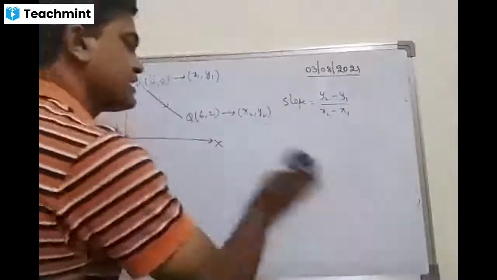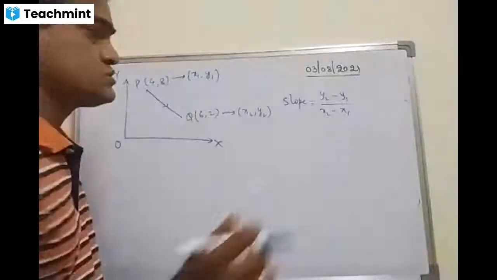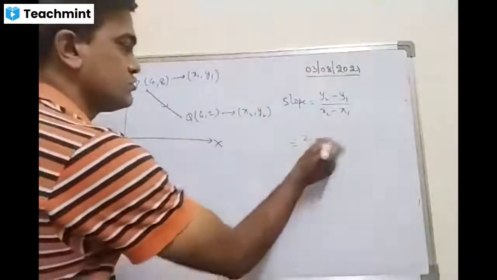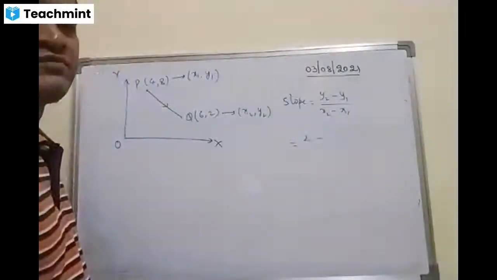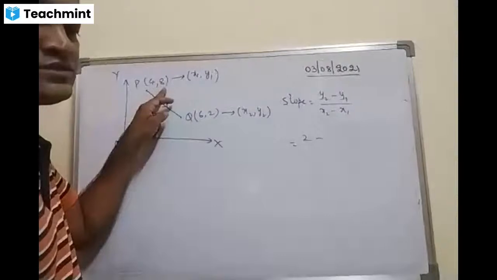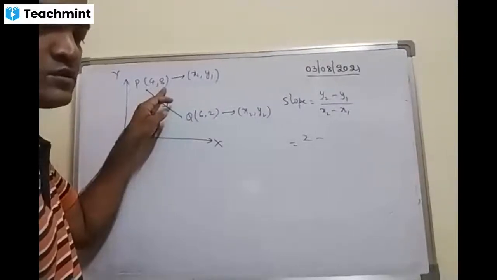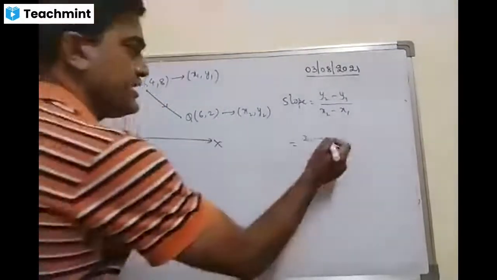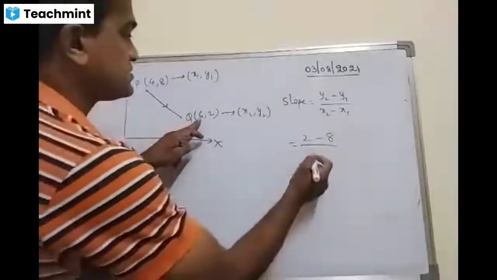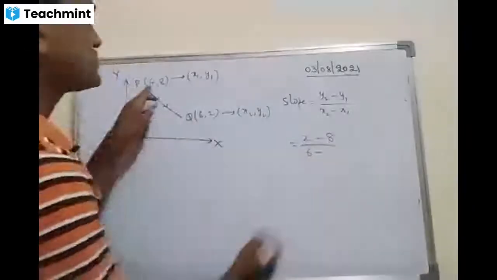Now, if you calculate the value of slope, slope will be equal to y2, which is nothing but 2, minus what is the value of y1? y1 is 8, right? Divided by x2, which is 6, minus x1, which is 4.